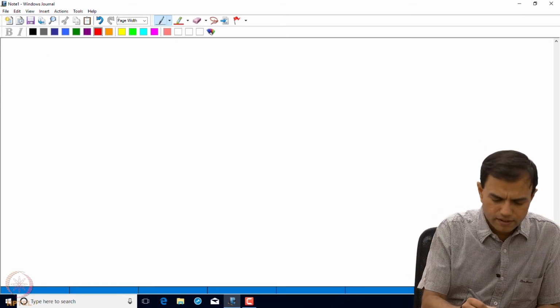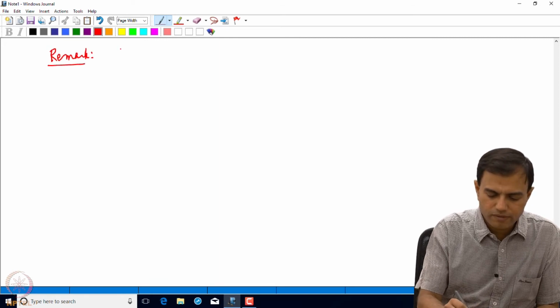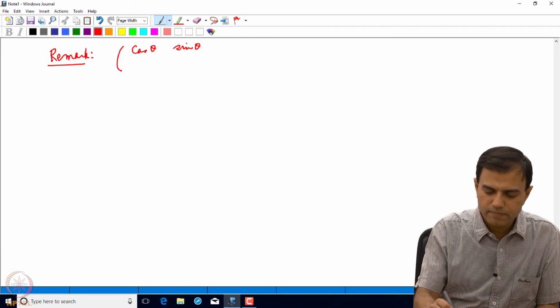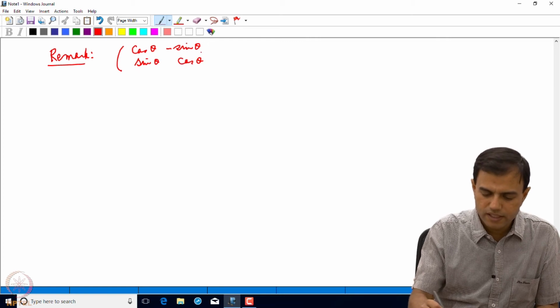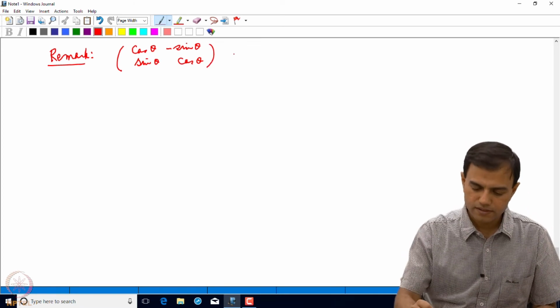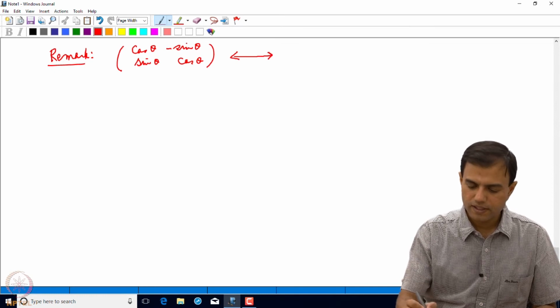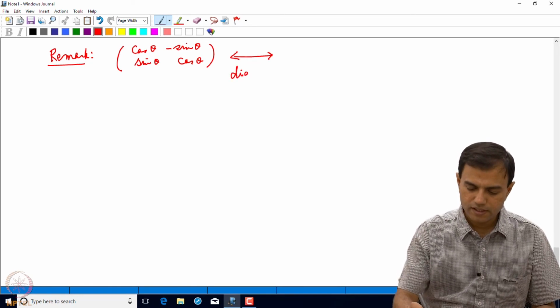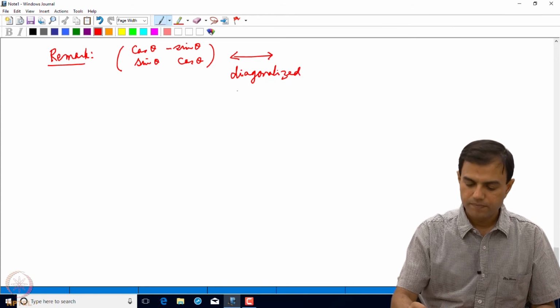And the remark is that this rotation matrix, cos theta minus sin theta, sin theta cos theta, can be diagonalized over, say, complex numbers.